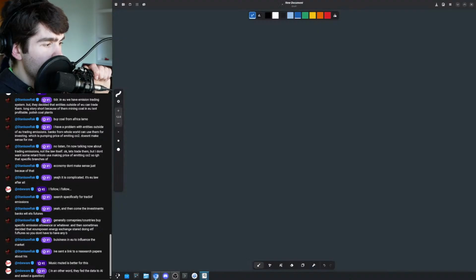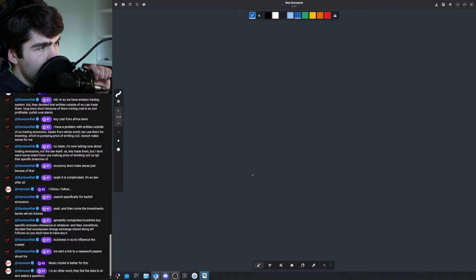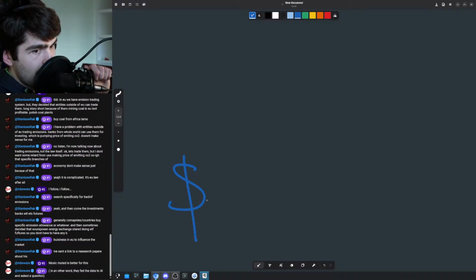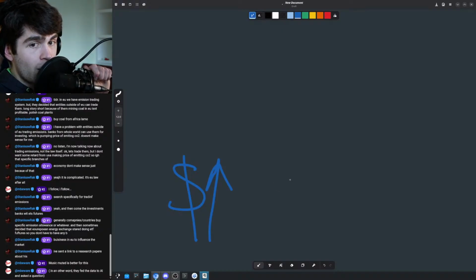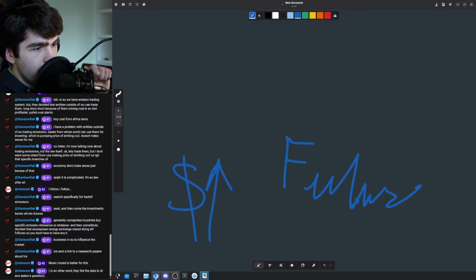So this is what I was going at the start, but let me explain it in better words. I want to make money on pollution. I believe that pollution will cost more in a month than what most people think it will cost. So I will buy this futures, we could call it a token, but let's just call it futures.